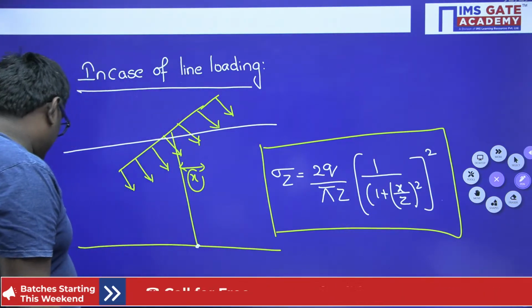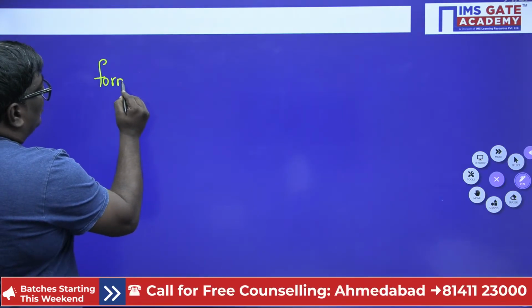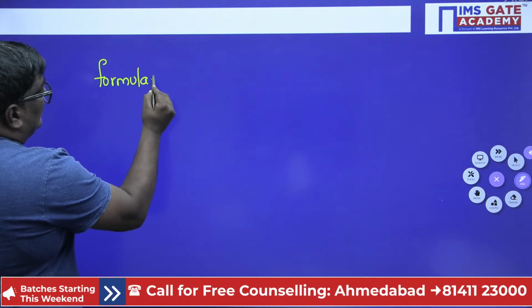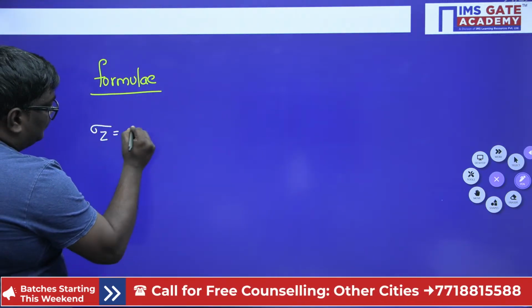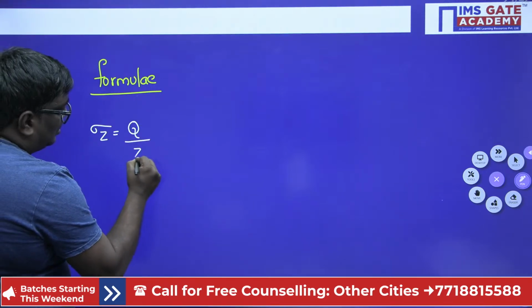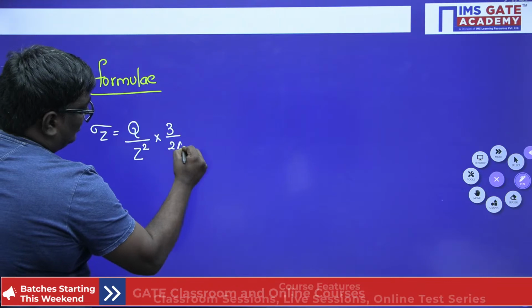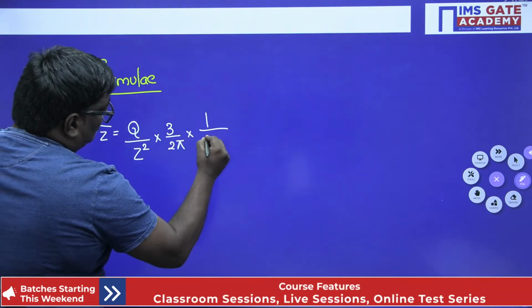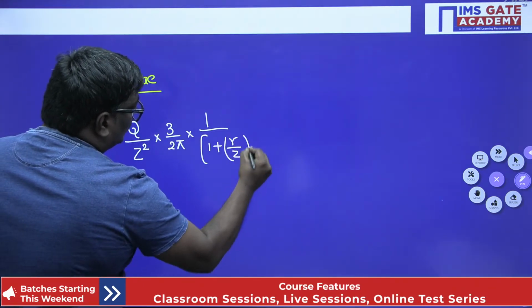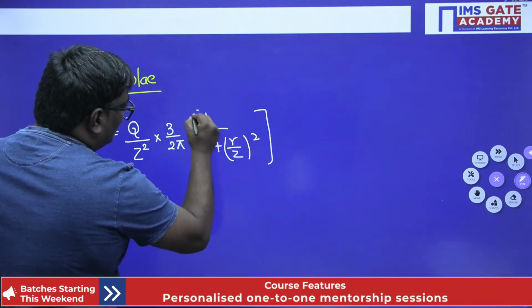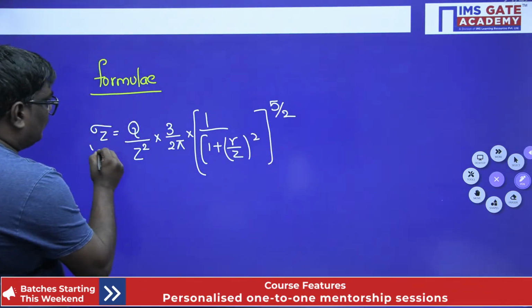So my dear students, please understand these formulas which I have written for Boussinesq's theory. The basic formula is sigma z equal to q by z square into 3 by 2 pi into 1 upon 1 plus r by z whole square, whole power 5 by 2. This is the value in case of depth.